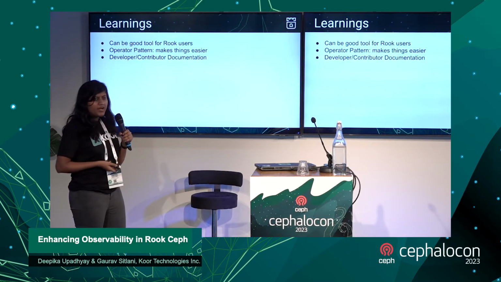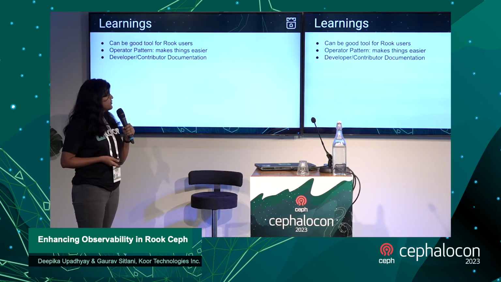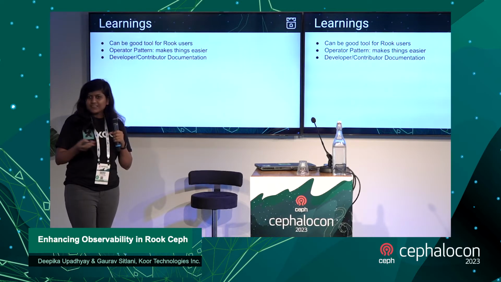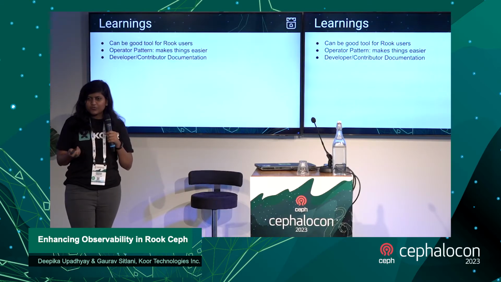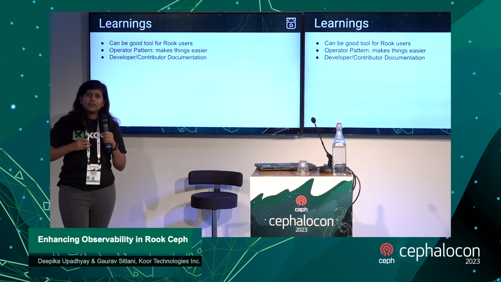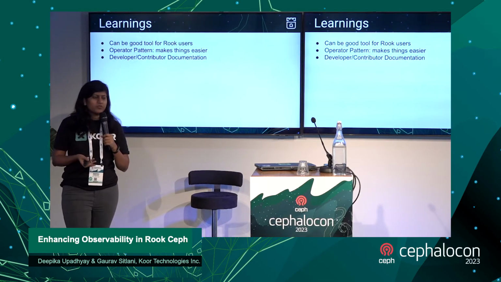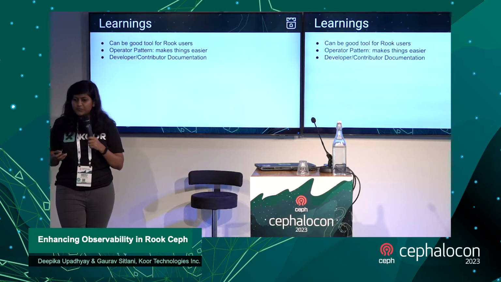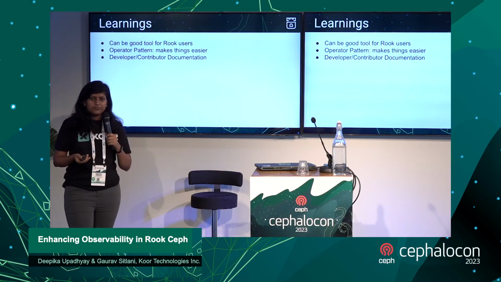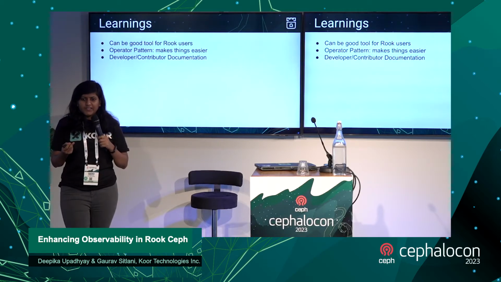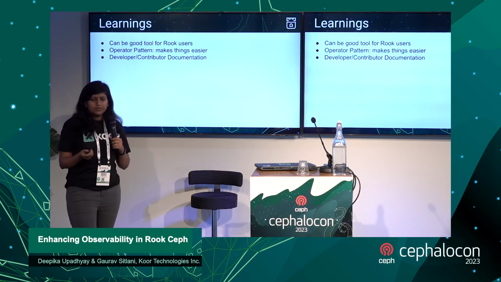As I said, this could be a good tool for Rook users. I think in the last session, there was talk about understanding multi-tenancy, and how the features that they are adding while experimenting with Ceph are performing, in terms of how long they are taking to execute, or even the metrics.